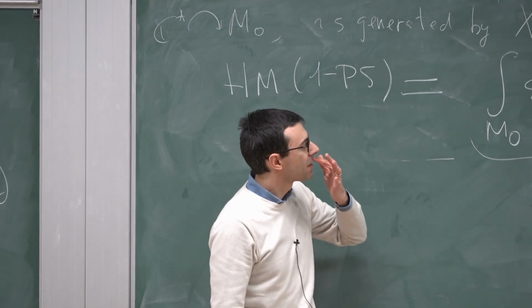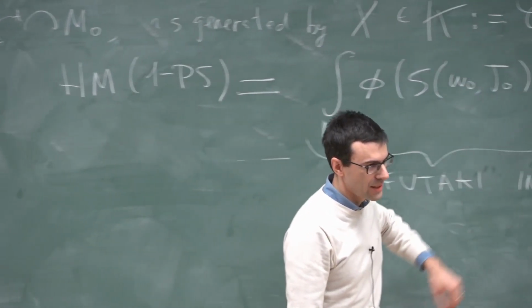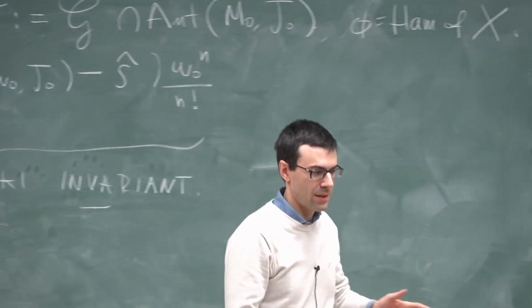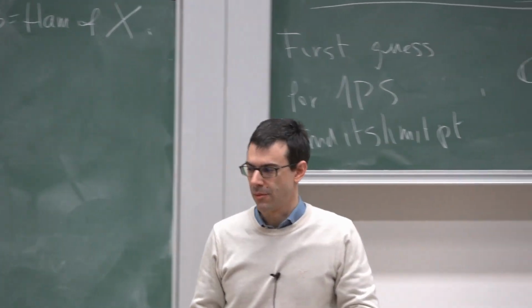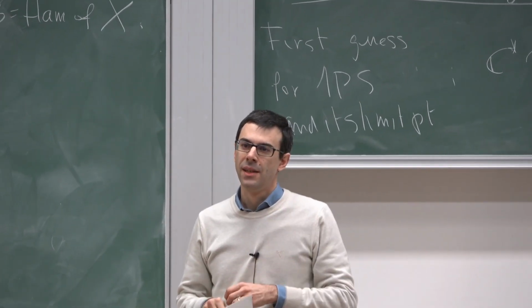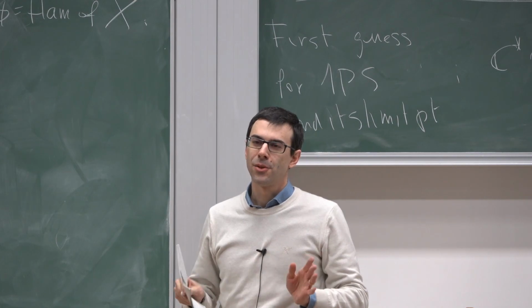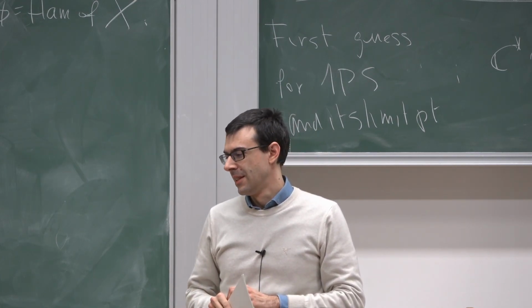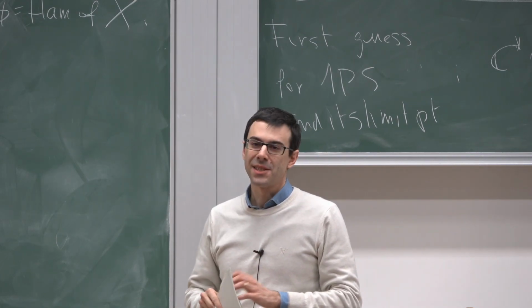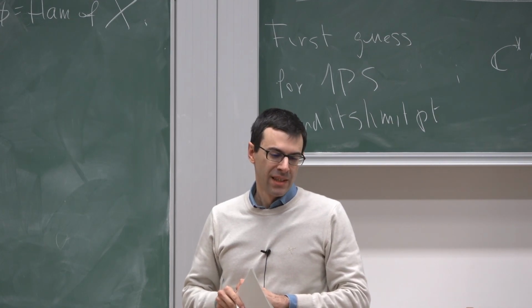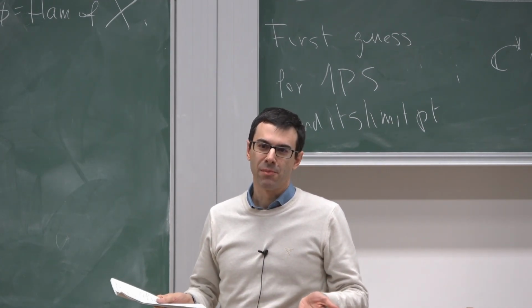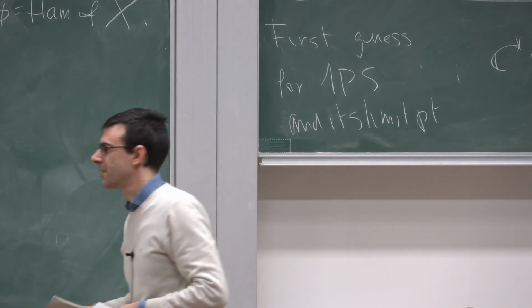Futaki observed that this quantity is extremely relevant to this constant scalar curvature problem well before the moment map interpretation. And I don't know how he did it. Somehow he just guessed that it's the right thing to do. But a posteriori, it's just the Hilbert-Mumford weight. So it's fantastic.